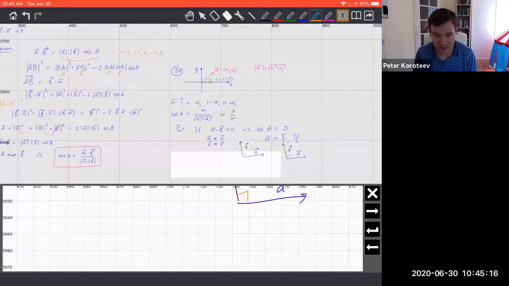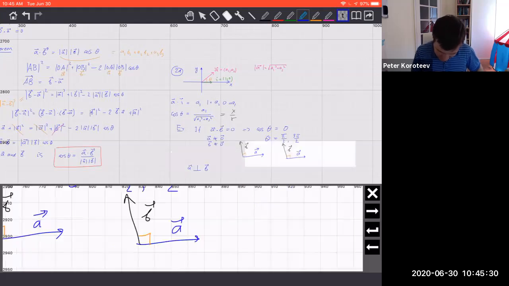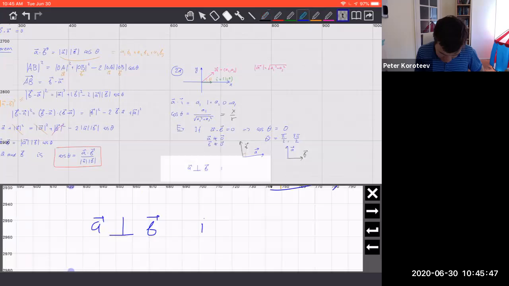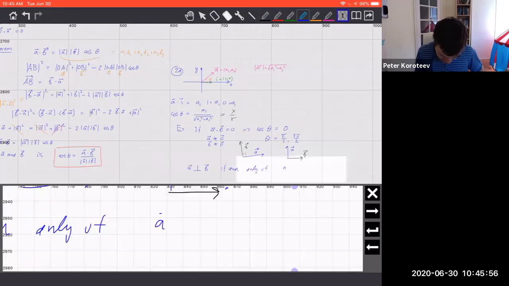So these two vectors are orthogonal to each other. So we can make a statement that A is perpendicular to B, A and B are orthogonal in the sense that the angle is either 90 degrees or minus 90, if and only if A dot B is equal to 0.